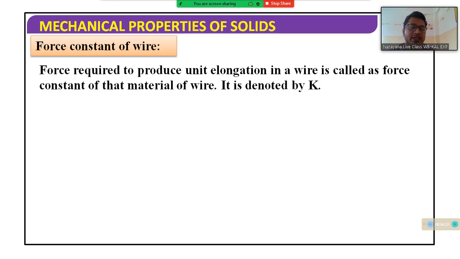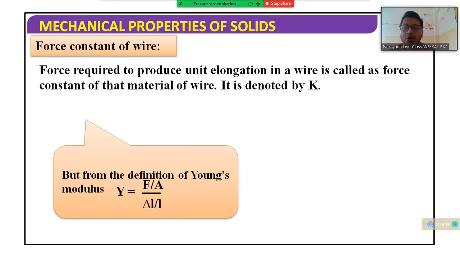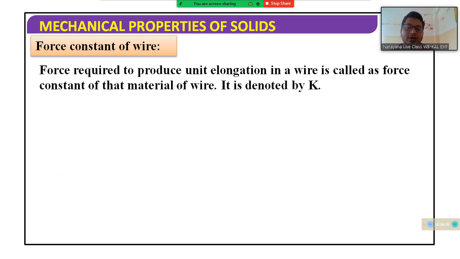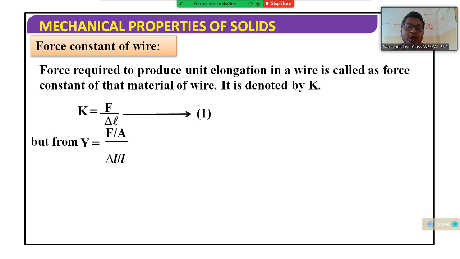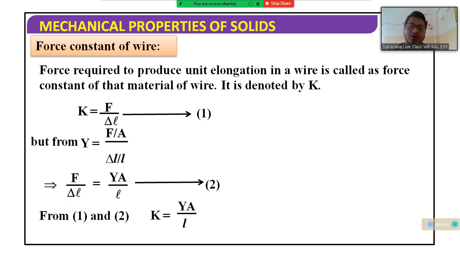It is denoted as K. From the definition of Young modulus, Y = (F/A)/(delta L/L). K is force per unit elongation, so K = F/delta L. Putting the value, we get K = YA/L.